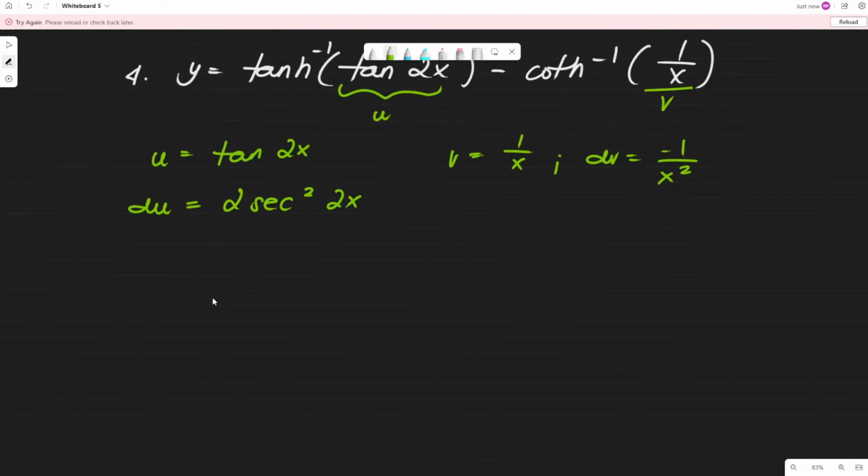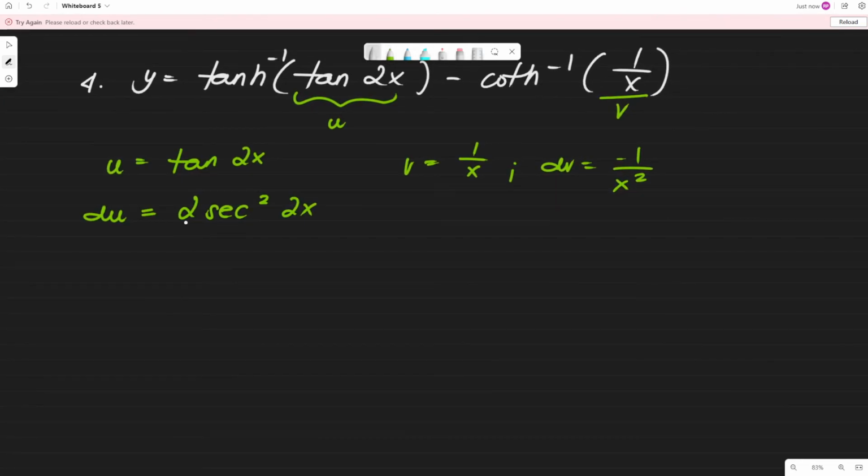So we'll have the formula for arc hyperbolic tangent u is equal to that is du over 1 minus u squared. Ayan.